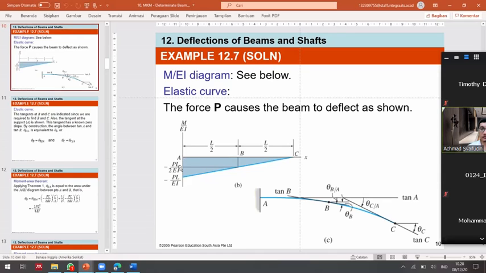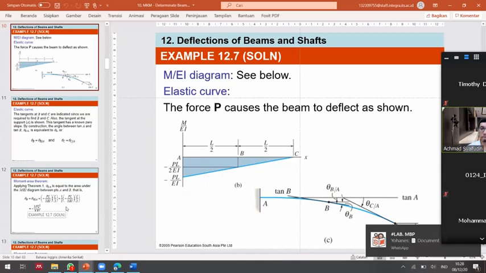So this is the rectangle, PL per 2 times PL per 2EI, and then the other part is the triangle area.